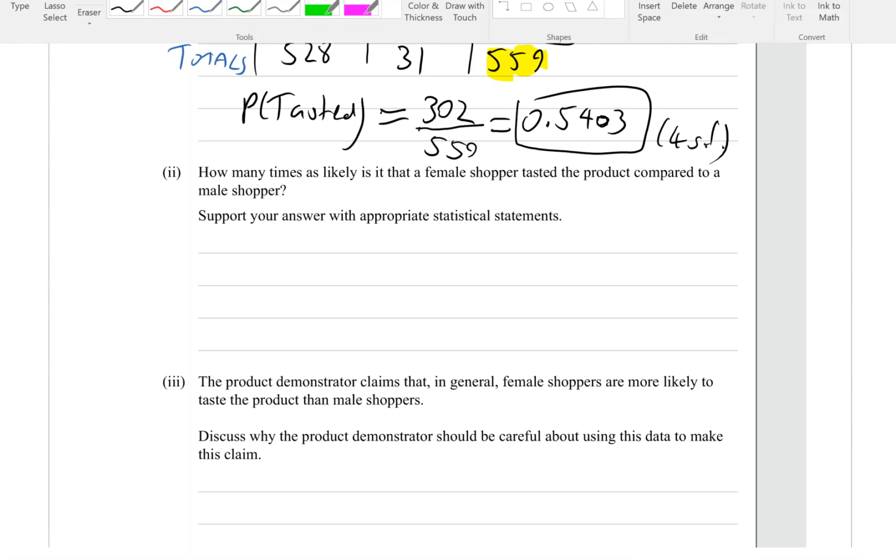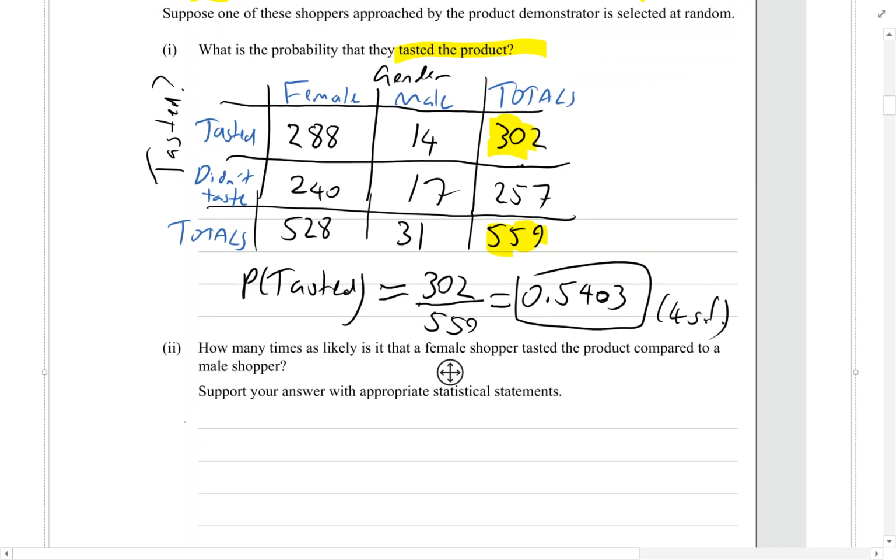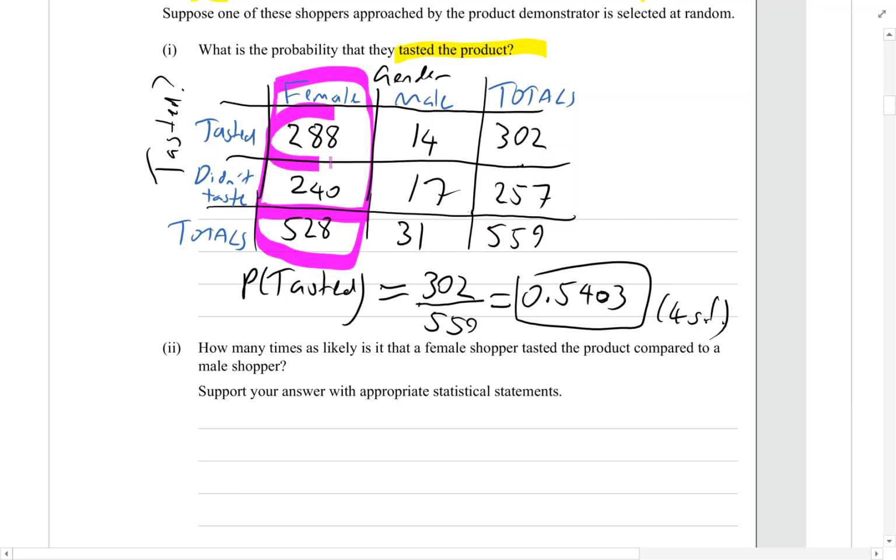So that means we've got to calculate it. So let's start by looking at what's the probability that a female shopper tastes the product. That means, and we need to be clear on this, out of just the female shoppers, so out of the 528, what's the probability that they taste the product? So it's 288 out of 528.